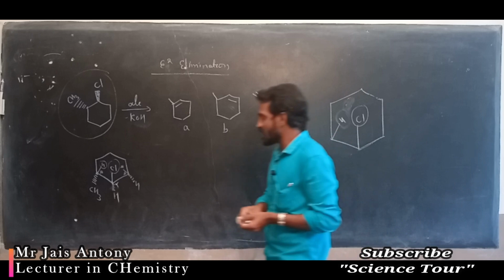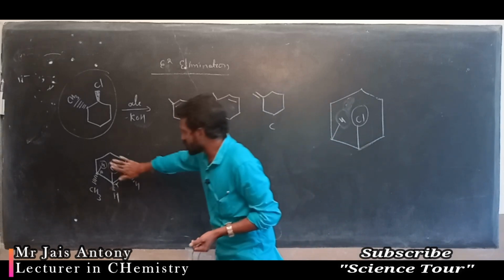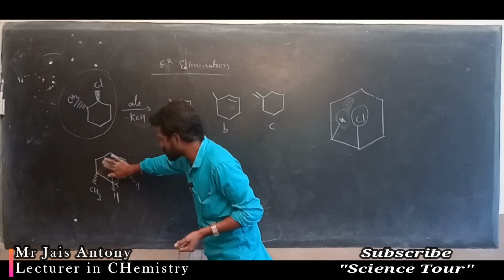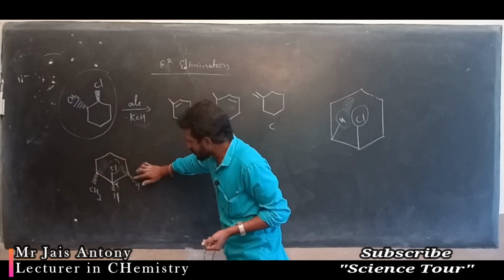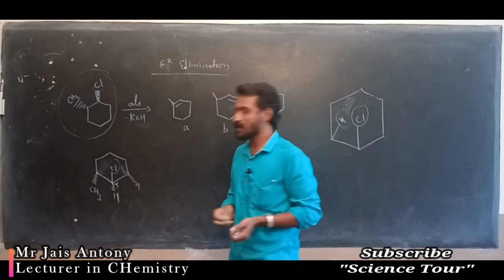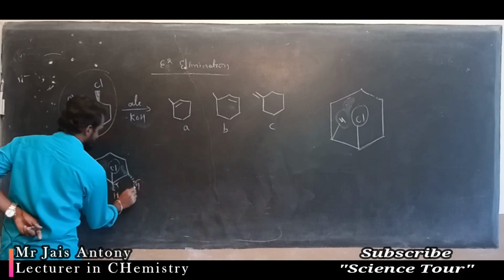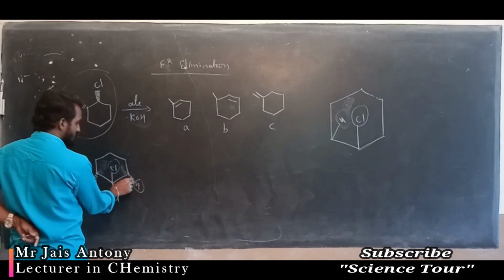This hydrogen is also in the same plane, so this beta hydrogen is not possible. But one more beta hydrogen is there, downward. This is possible because this hydrogen can be removed, as it is on the opposite side, anti-periplanar.